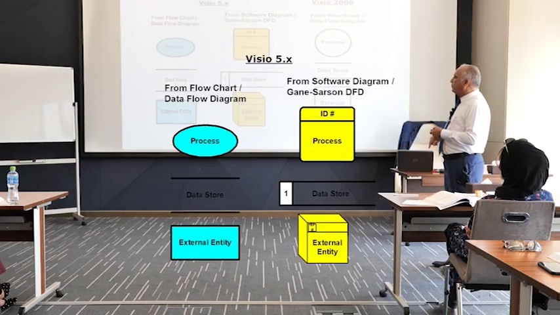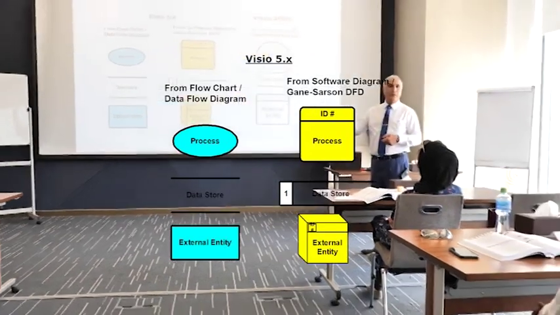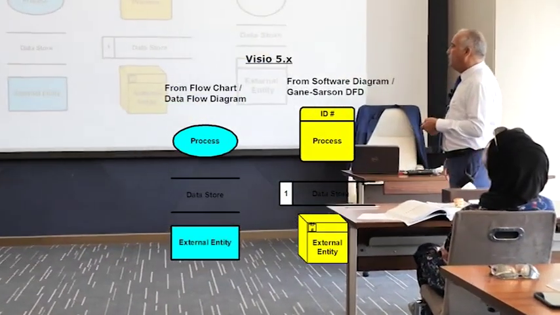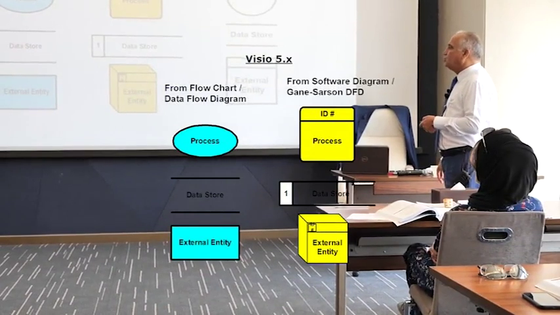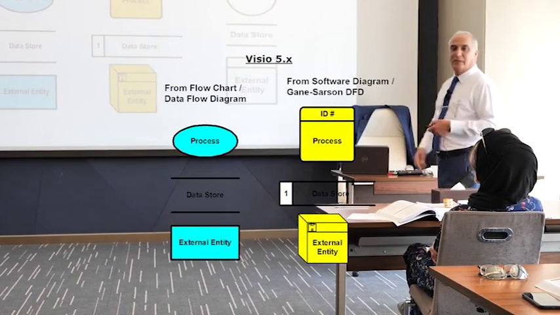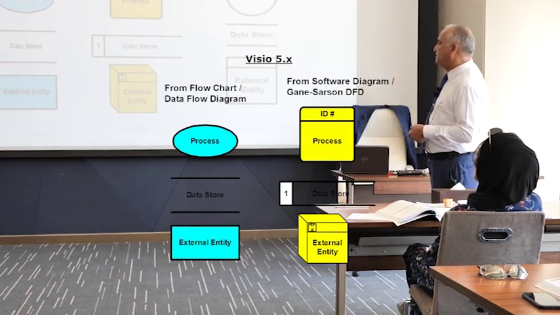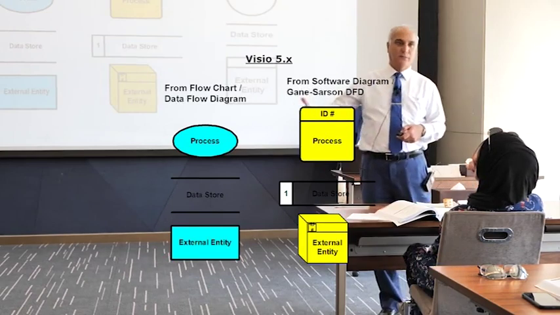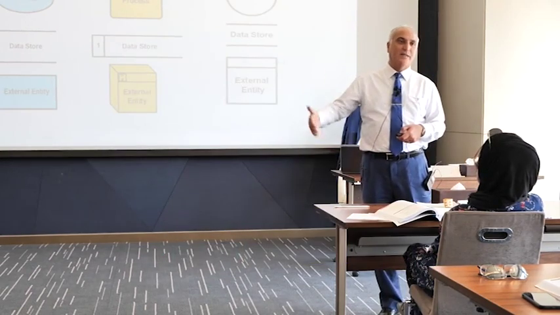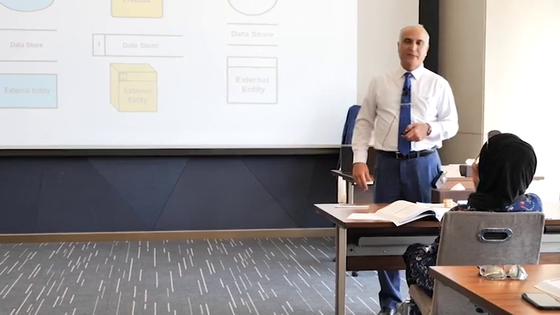Here we have a process ID, so we number the processes. Here we have the data store, and the numbers mean the numbers of the file. And here we have the external entity. All these are different styles or standards which are used for data flow.